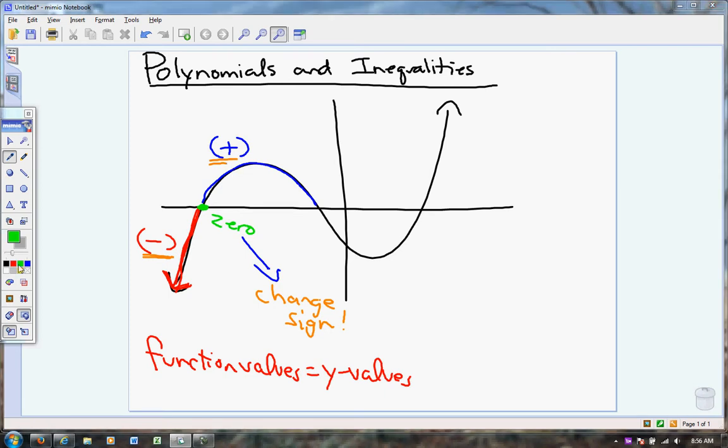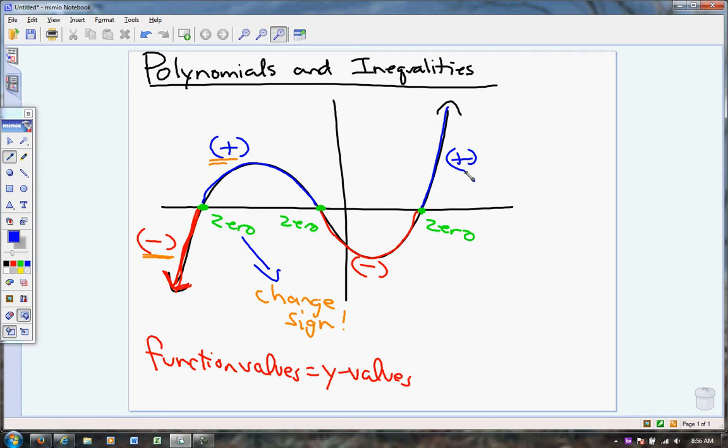And then we have another 0 right here. And lo and behold, the function values change to negative again. They're negative there. And then, lo and behold, we have a third 0. And the values of the function change sign again back to positive values.